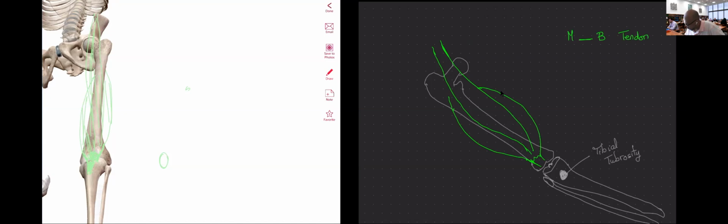So the connective tissue that will be attaching here the quadriceps to the patella, actually it's going to be surrounding the patella from everywhere. This tendon on here is going to be extending beyond the patella and will be inserted and attached to the tibial tuberosity.